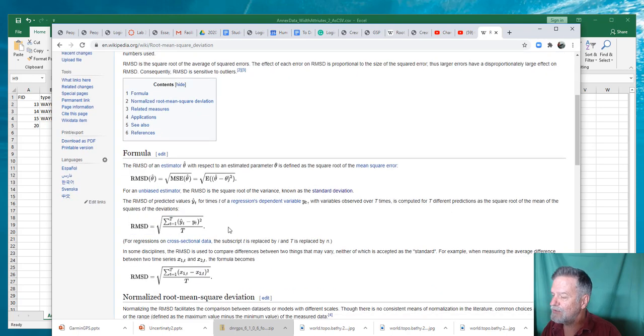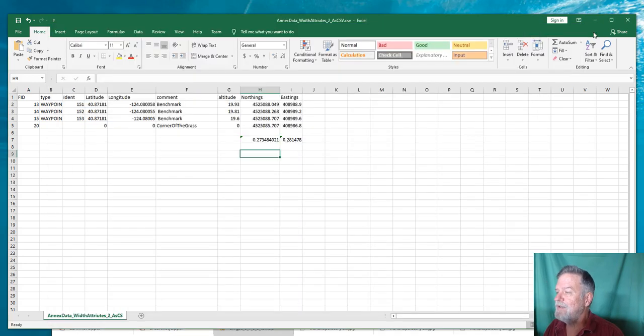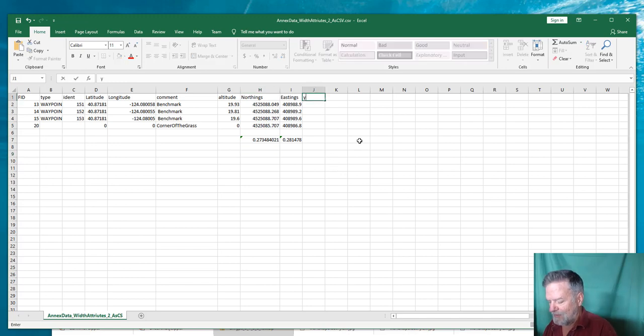And here's our equation. Notice our equation is very closely related to standard deviation. They're very similar. The big difference is instead of having a mean value, an average value, we're going to have our value of higher accuracy. So we need to take that value and subtract it from each of our samples. Now an easy thing to do in Excel is to say just y minus y prime.